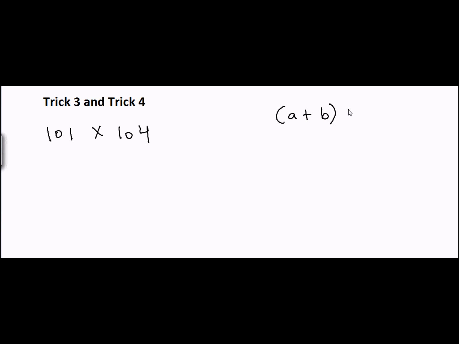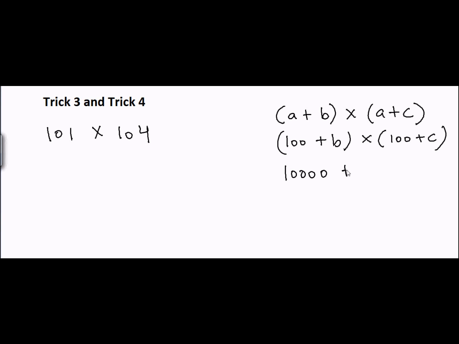So suppose 100 plus b into 100 plus c, where b is 1 and c is 4. What I'm doing here is I have 10,000 plus 100 into b plus c plus bc. So remember this formula.